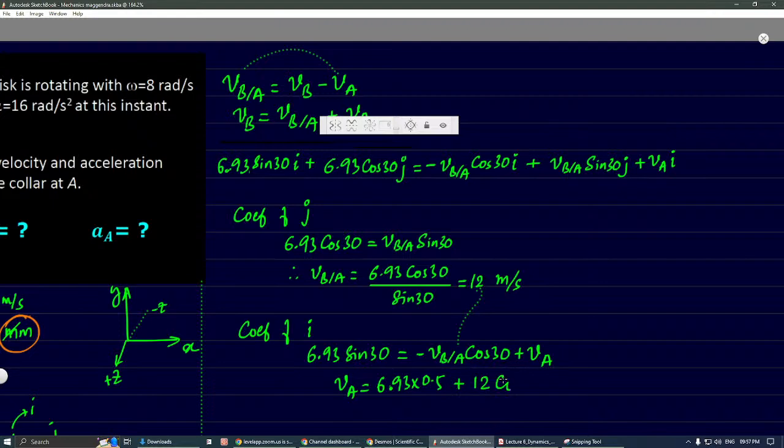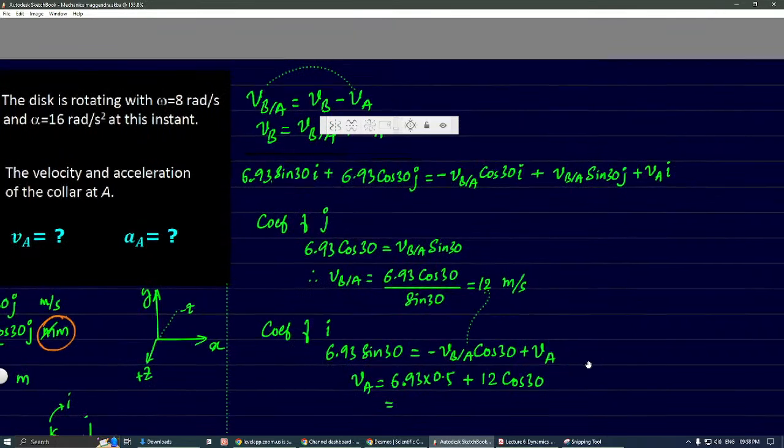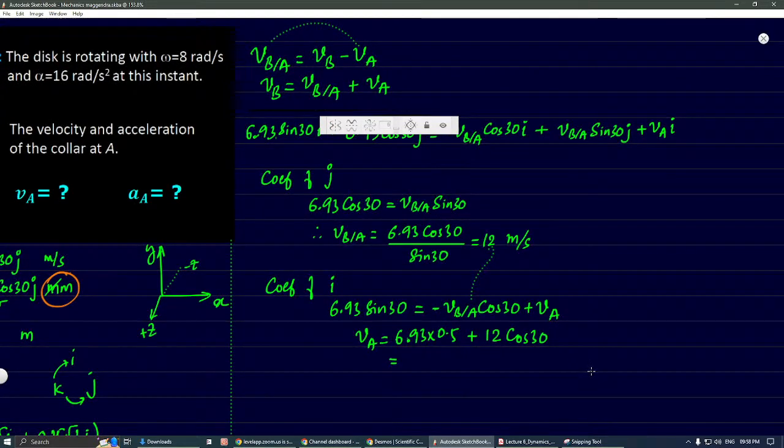So 12 cos 30. What do we get? 13.86 meters per second.